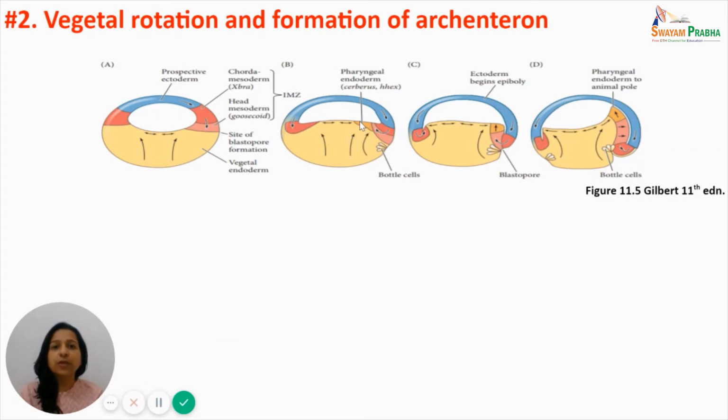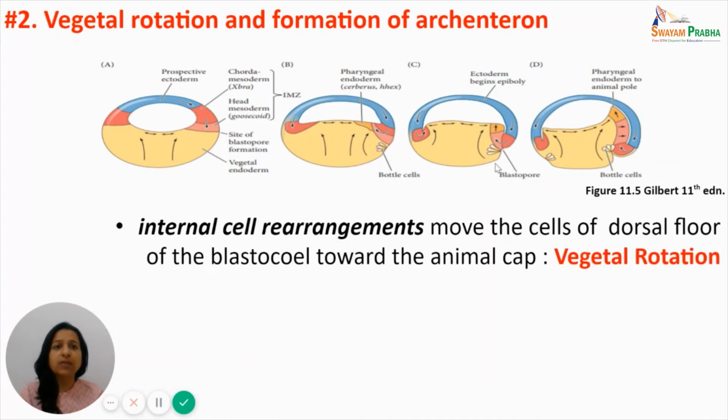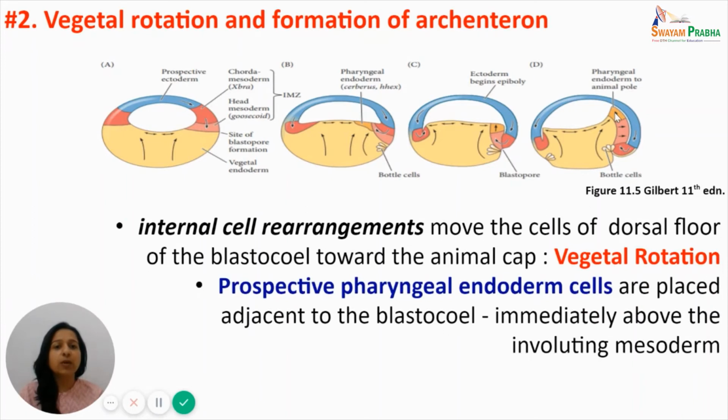The pharyngeal endodermal cells, which are shown orange here, are placed first laterally to the moving blastocoele. And with more gastrulation movements, these pharyngeal endodermal cells are displaced more toward the animal cap. And these pharyngeal endodermal cells are always placed immediately above these pink and red, or the involuting mesodermal cells.